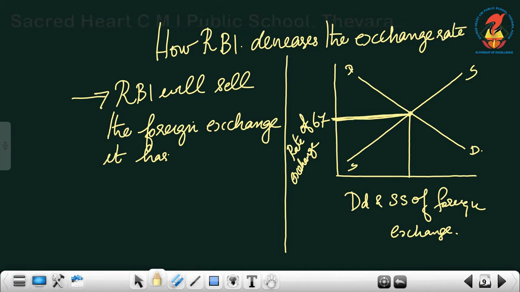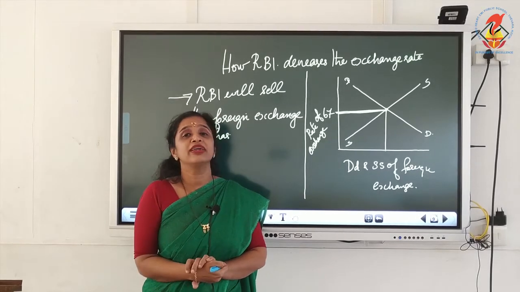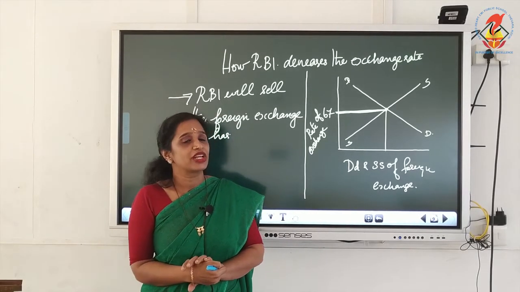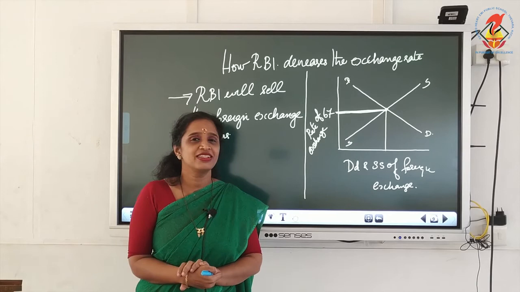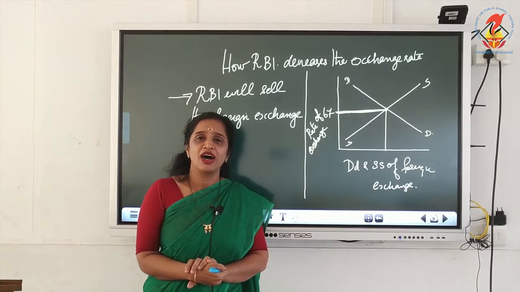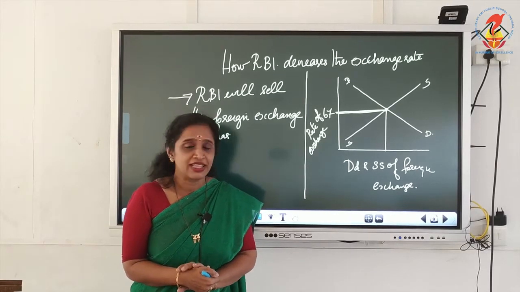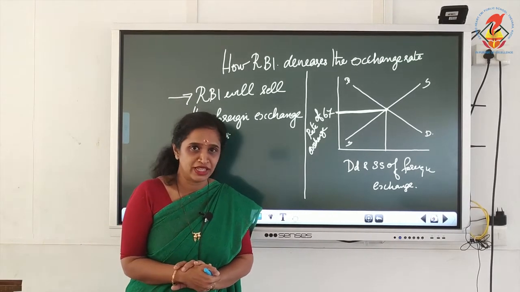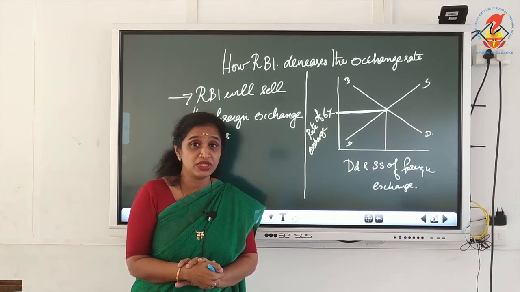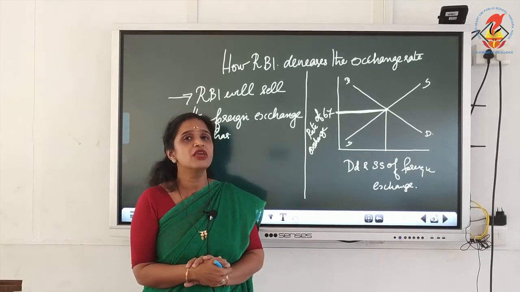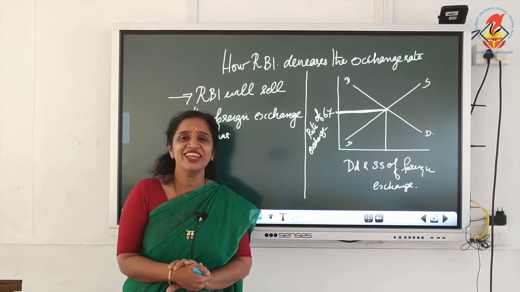Exchange rate is determined by the forces of demand and supply in the equilibrium point, and that rate of exchange is 67. Now the aim of the RBI is to bring down the 67 to 66 as per the Indian currency. That means $1 is equal to 66. That is the aim of the RBI, to favor the import.